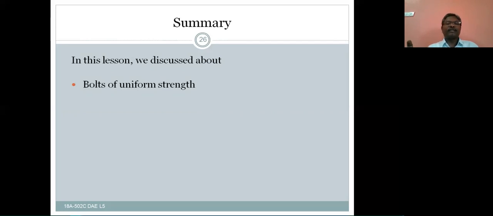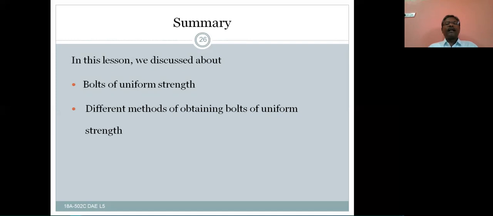These are the two methods. What is the need of bolts of uniform strength? What is meant by bolts of uniform strength? What are the methods for bolts of uniform strength we are discussing? And also we have done one problem, what is the size of the hole to be drilled, and that also we have discussed. We have completed one problem.